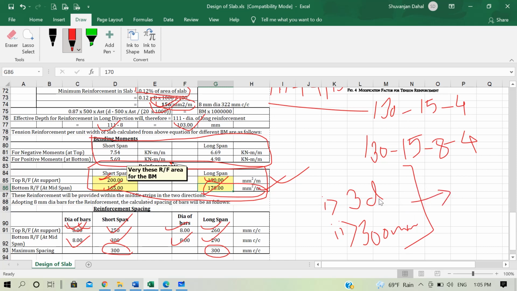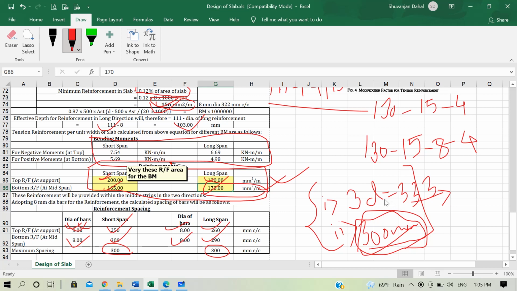For example, 3 times the effective depth, 3 times 111, you get 333 mm and 300 mm. So the lesser value is 300 mm, and our spacing should also be less than 300 mm. So calculate the spacing based on this criteria.